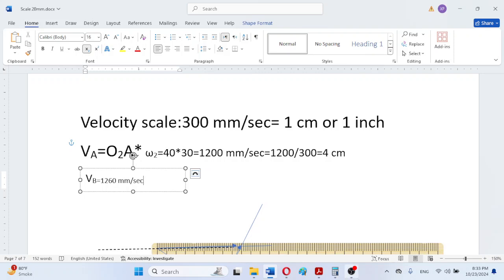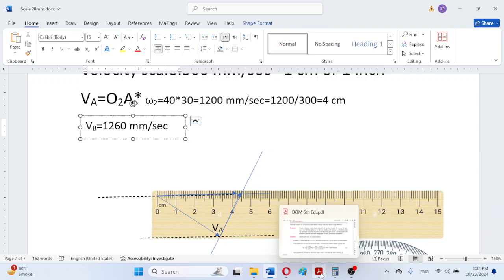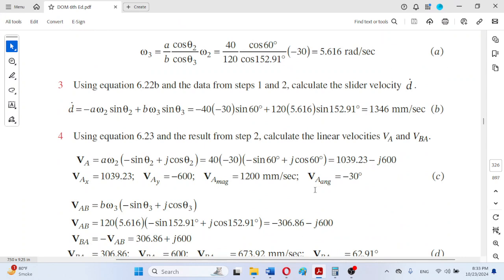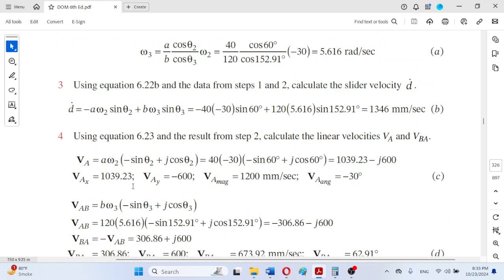Remember, never forget to mention the units while in exam, because units are very important. Here like this, VB is 1260 millimeter per second according to scale. So here we observe that the value he has mentioned here for this is 1346.